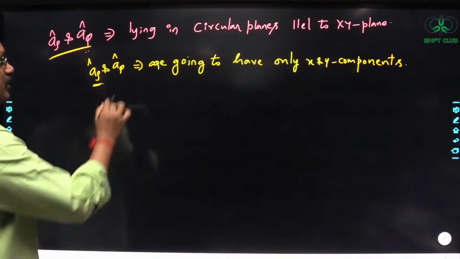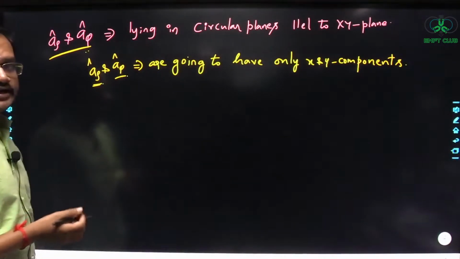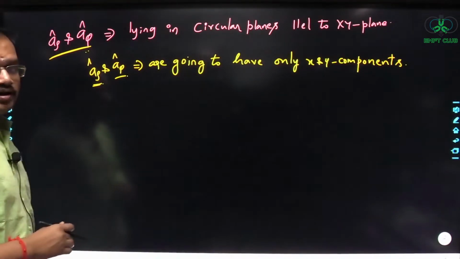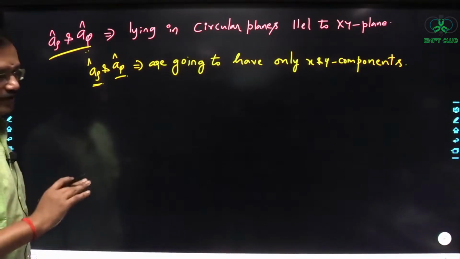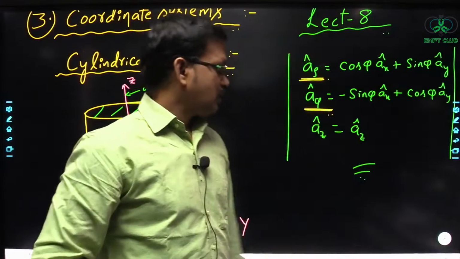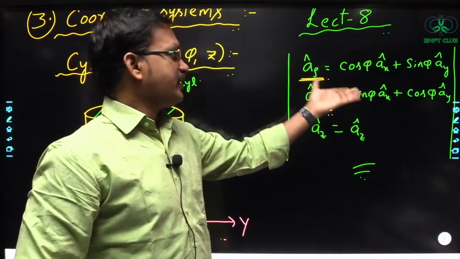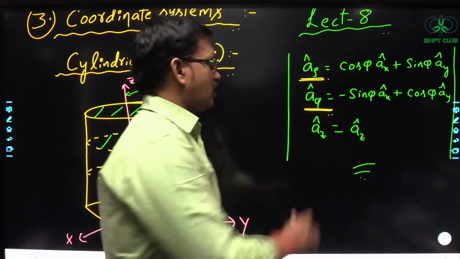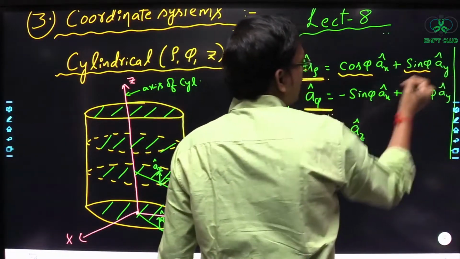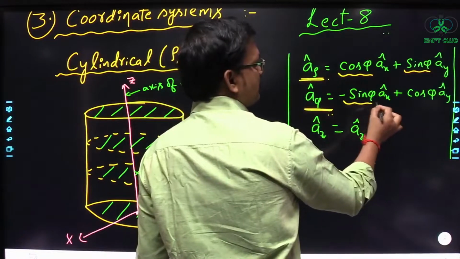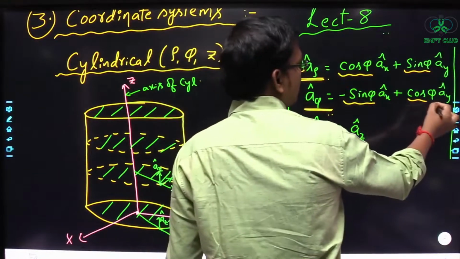Understood? And here, for A5 cap also, we can determine the component along x, and we can determine the component of A5 cap along y. See here what we got? We have already derived this aero cap and A5 cap. Aero cap has an x component and a y component. A5 cap also has an x component and a y component.